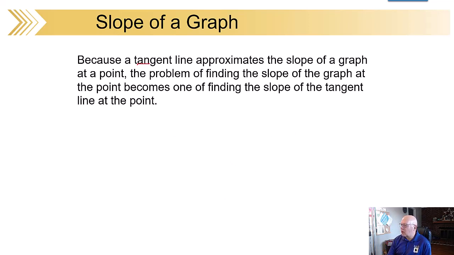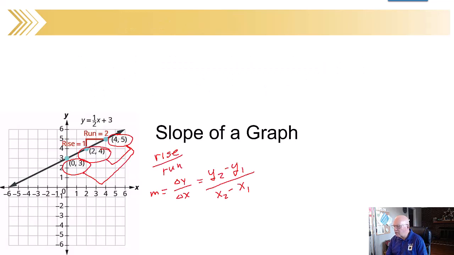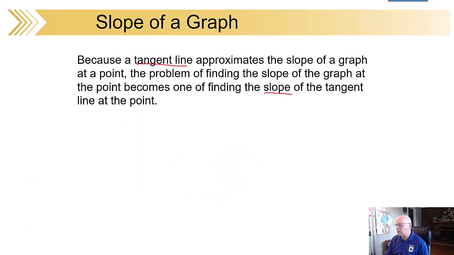Since the tangent line approximates the slope at a point, we've got a problem. Because if we want the slope, we have to have 2 points. And if we want the slope at a point, we've got an issue.